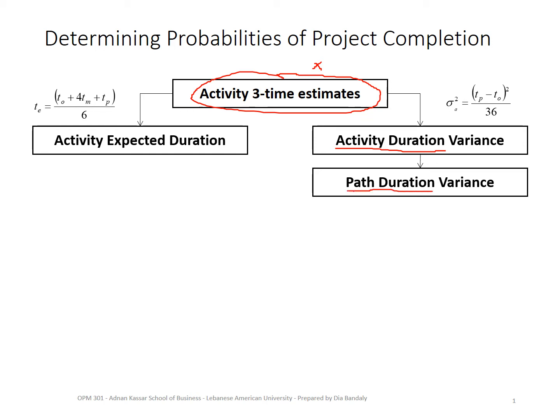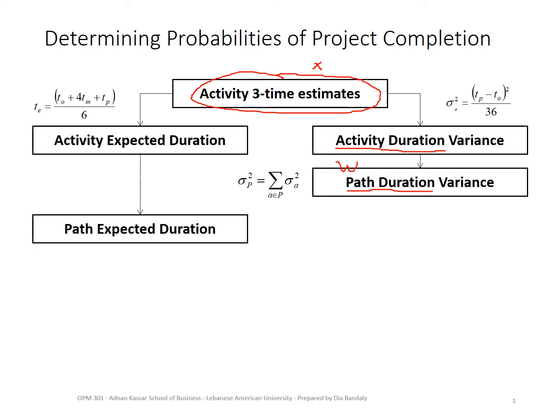It's another variable, for example W, which has a variance, because it's a variable. And then we just sum up the variances of the activities in that path.